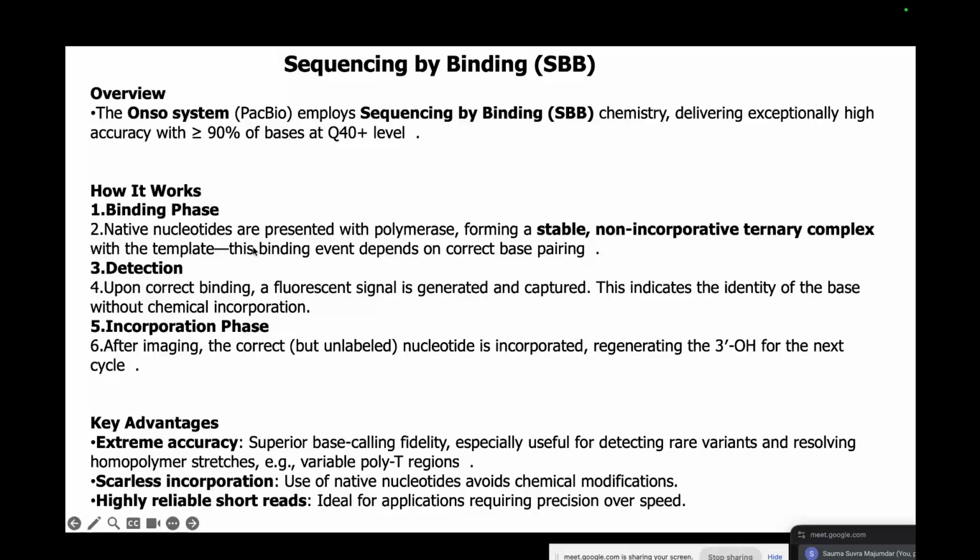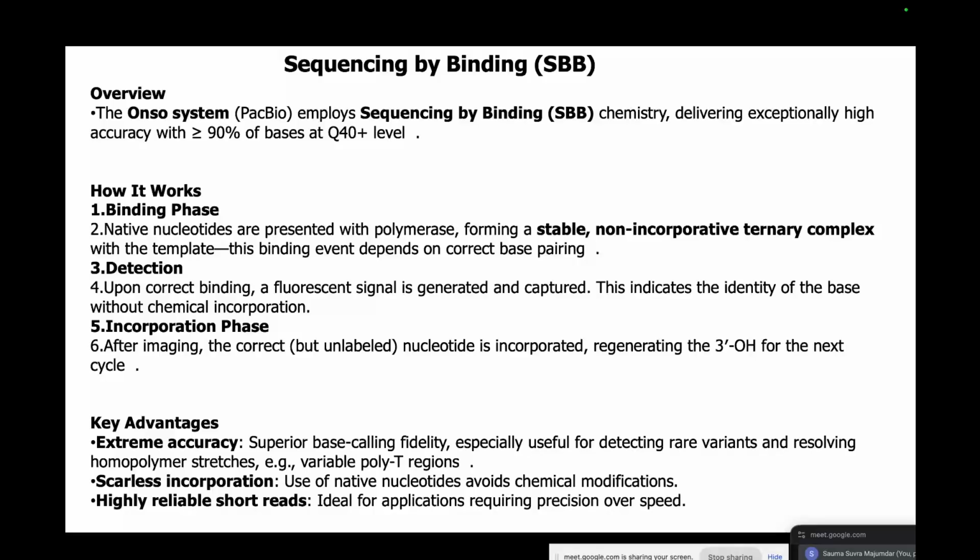So how it works is, basically you have a binding phase, a detection phase, and an incorporation phase. At the binding phase, native nucleotides are presented with polymerases, forming a stable, non-incorporative ternary complex with the template. This binding depends on correct base pairing.